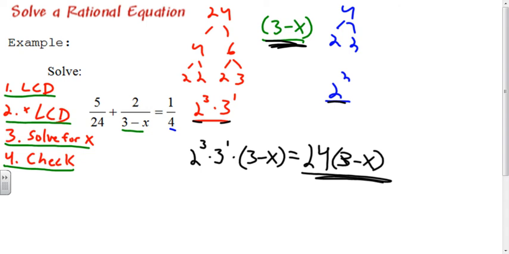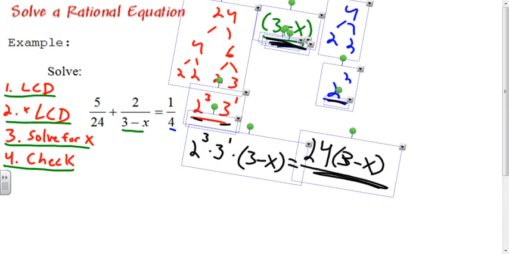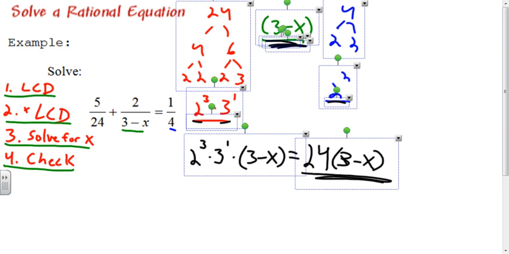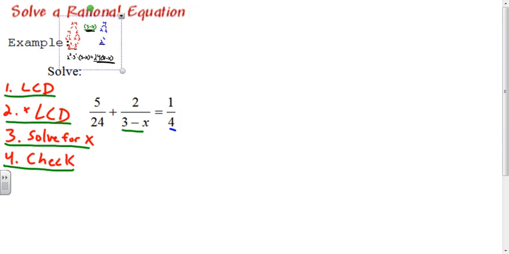So I'm going to take all of this and shrink it a little bit, put it off to the side. So we know 24 times 3 minus x is our LCD. So we multiply everything by 24 times 3 minus x.